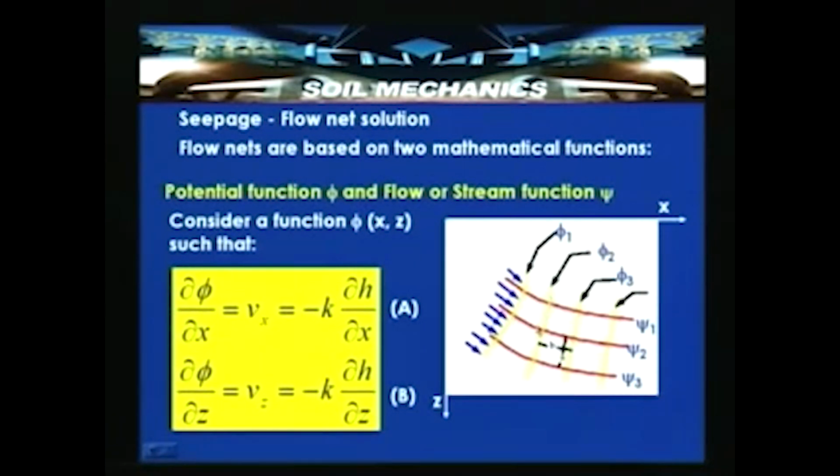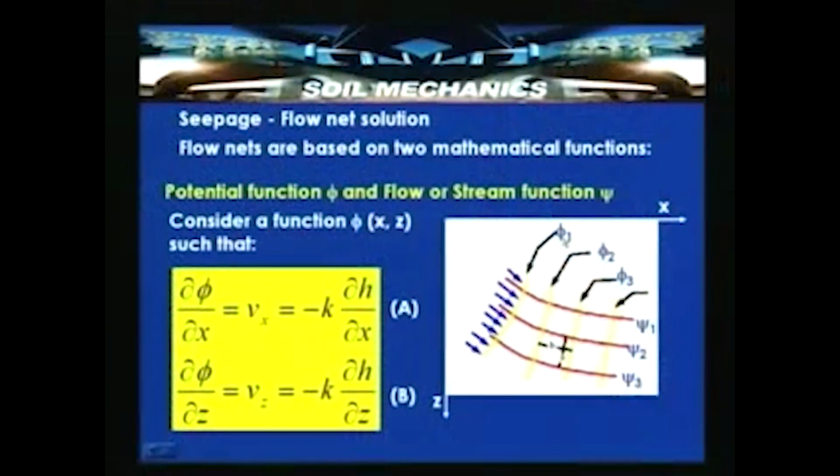The space between any two streamlines or flow lines is called a flow channel. Here the distance between two flow lines is A and the length of the flow line here is B. So, the ratio of A to B is defined as the aspect ratio.